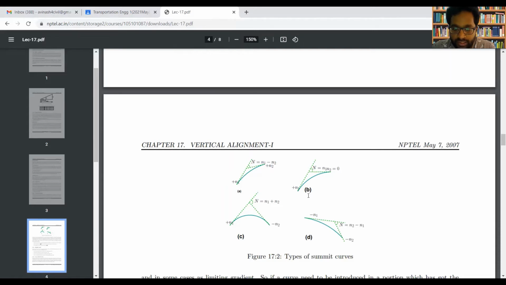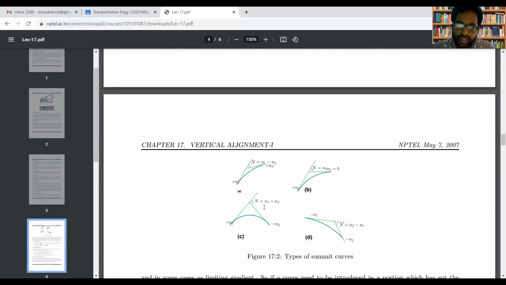Now consider another case. Here there are two gradients. One gradient is plus n1 moving upwards, and for the other gradient, if you draw a tangent, it comes as the deviation angle itself. Here you can see that there is one slope moving upward as plus n1, and another gradient in the negative or descending direction, denoted as minus n2.